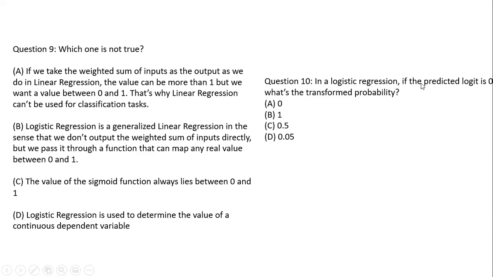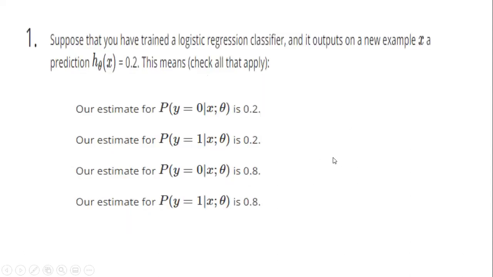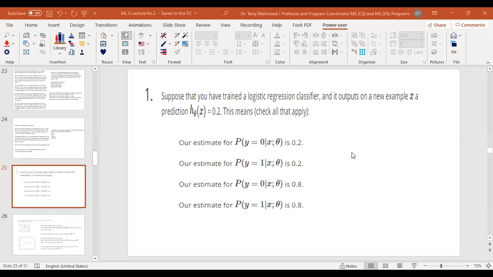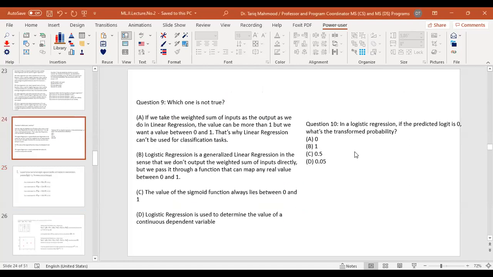In a logistic regression, if the predicted logit is 0, what's the transformed probability? ये predicted logit.